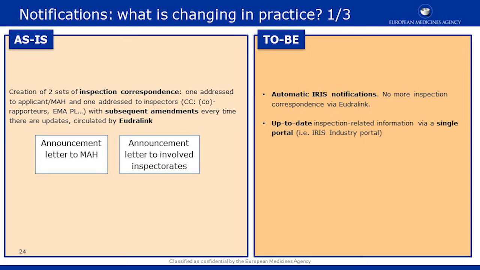What happens is that every time that something changes, we need to make changes to the letters and resend them. With IRIS, this will change because we will move away from letters. There will not be any letters because all the information will be up to date in the portal, and you will access it through the industry portal.